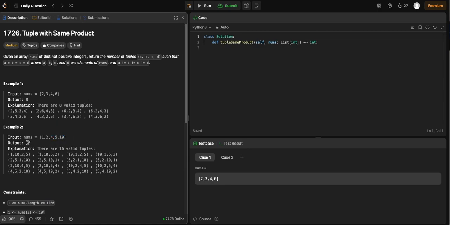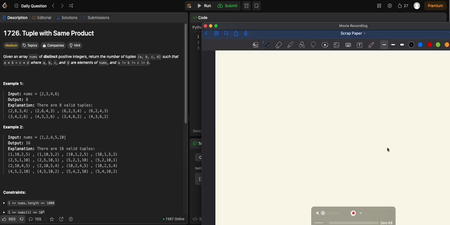But then we have 16 here. So just by looking at the examples, it tells me that whenever we find a set, we should multiply it by 8.